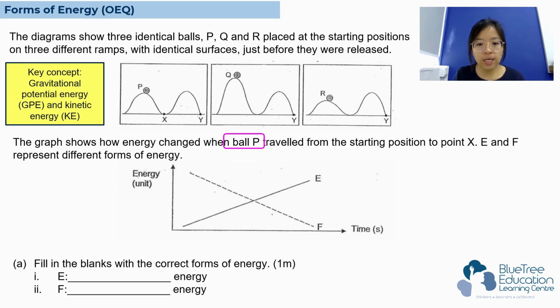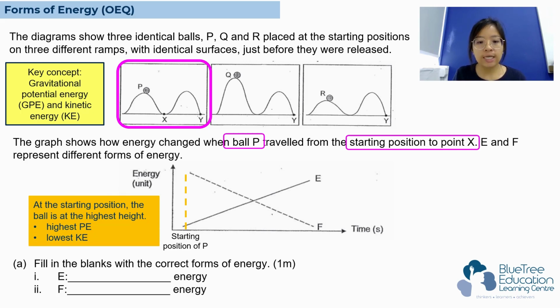The question asked about ball P, which is the very first diagram out of the 3 diagrams. Okay, so we only need to take a look at the first one. Okay, and they asked when it is traveling from the starting position to X, not to Y, it's only to X.